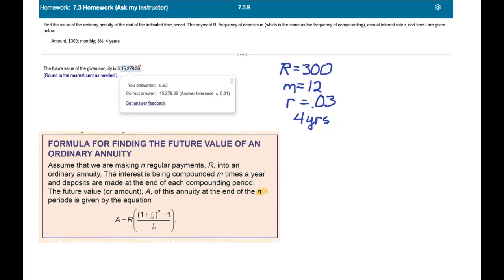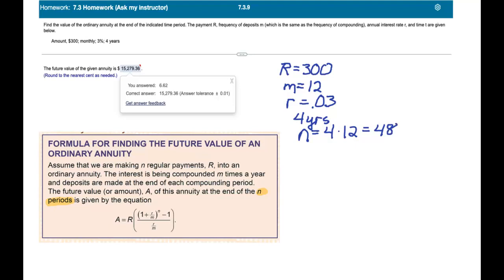So n in this formula is the number of periods over the entire time. So in our problem up here, n is going to be equal to 4 years, and we're making deposits 12 times a year. So our value for n, the number of times we've made deposits, is 48 times. And the rest of this is a matter of substituting into the formula.